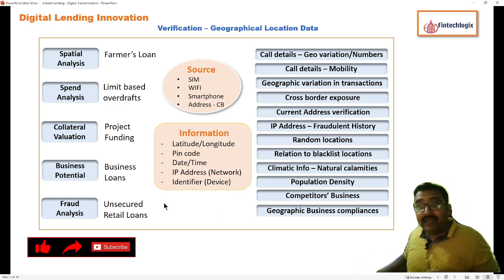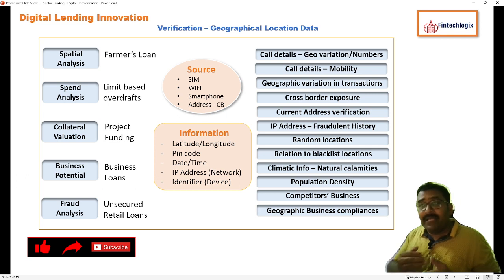And finally, also fraud analysis, wherein I was talking about variation of the customer's location, or even random area visiting, or the different areas the customer would have applied from, right? All those things become pretty easy if location data is used.